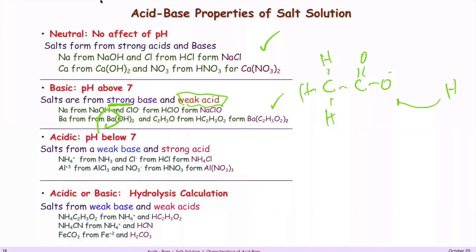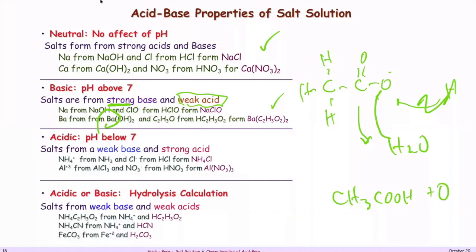Anyway, in the presence of water, the hydrogen will go back to that oxygen. You get acetic acid and hydroxide. That's why this solution is going to be a basic solution, because that conjugate in this salt will react with water and form hydroxide ion. That's where the chemistry lies.